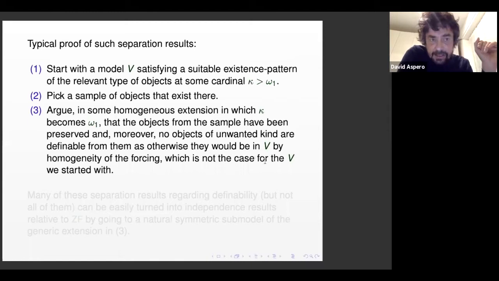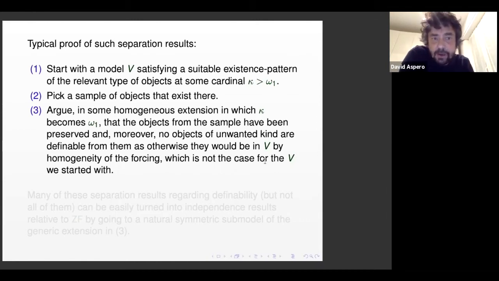And I'll say that a typical proof of these separation results proceeds in these steps. We start with a model V that satisfies some suitable existence pattern of relevant types of objects at some high kappa. And then you pick a sample of those objects.